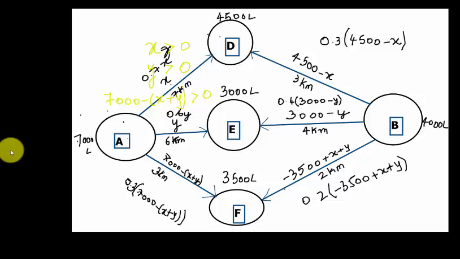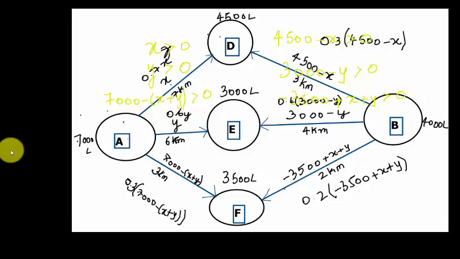And the similar argument can be applied to this. So that has to be 4500 minus x greater than 0. And again, 3000 minus y greater than 0. And likewise, I will have minus 3500 plus x plus y greater than 0.